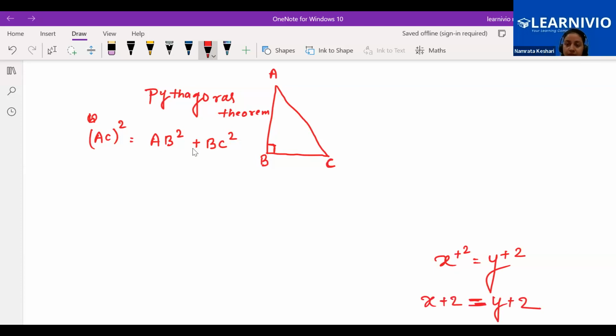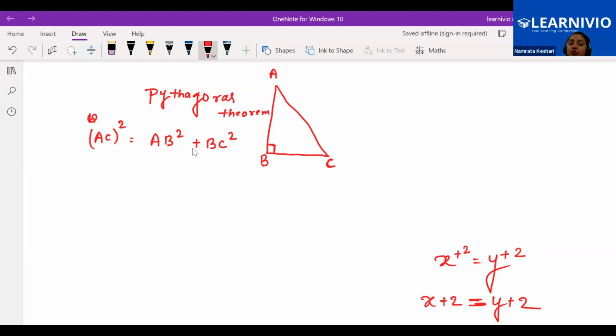Getting it? Yeah, I got it. Similarly, we can subtract the same number on both sides, multiply the same number on both sides, and also divide by the same number on both sides. That is completely allowed.